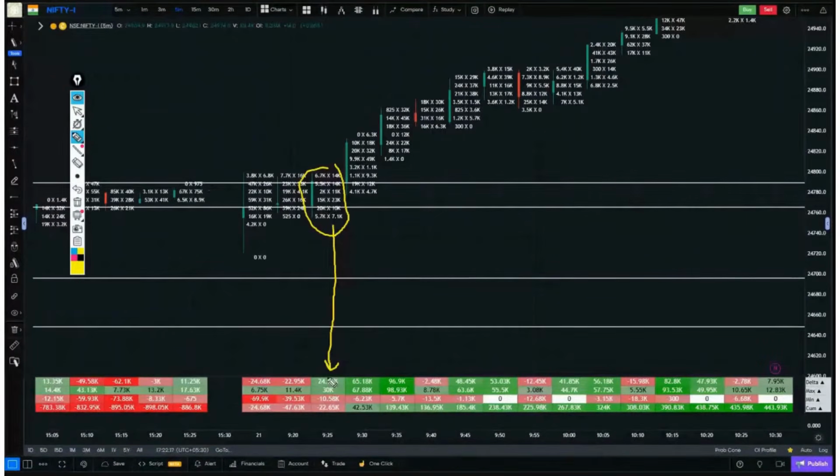Now see, it's not inside the red box, it's inside the green box, and also, there is no negative sign in front of the value. So this means that in this candle, this time, there are more buyers, around 24,000. We call this positive delta. Positive simply means buyer. This time, in this candle, there are 24,000 more buyers compared to sellers.